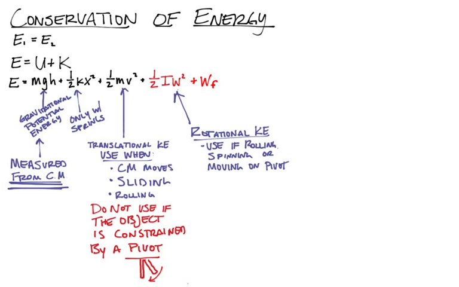So, the work lost to friction is just going to be force of friction times distance, mu mg times the distance that we're moving. And yes, we're going to add that to our total energy at the end.